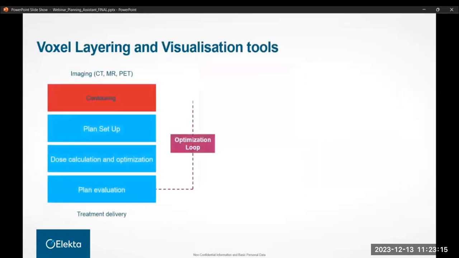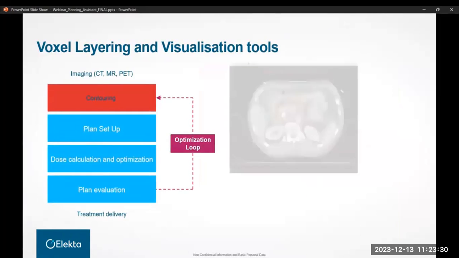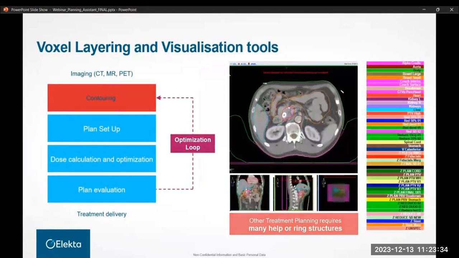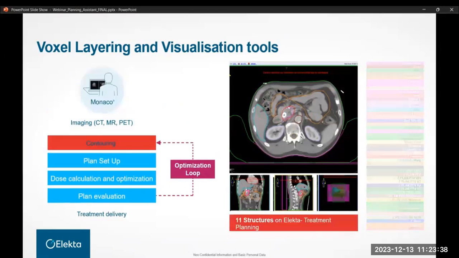In terms of the overall voxel layering, what we really want to do within our planning system is reduce this idea of an optimization loop. And effectively, that is when you try things, when you go through that planning process, the plan isn't working, and ultimately you're trying to find the best solution. And as I was mentioning, you're probably using a large amount of help structures to be able to achieve that.